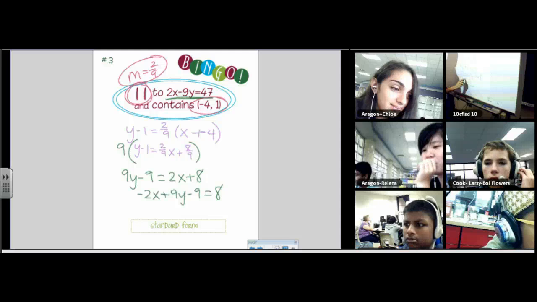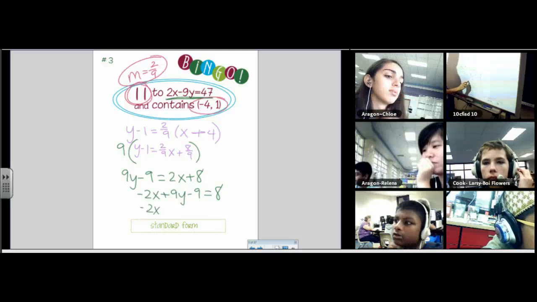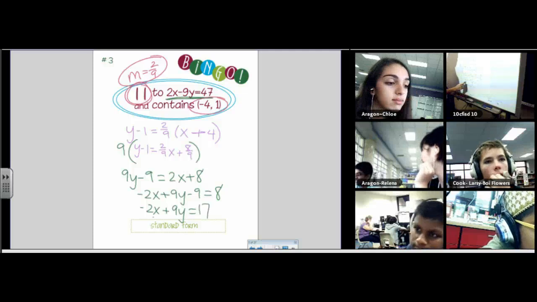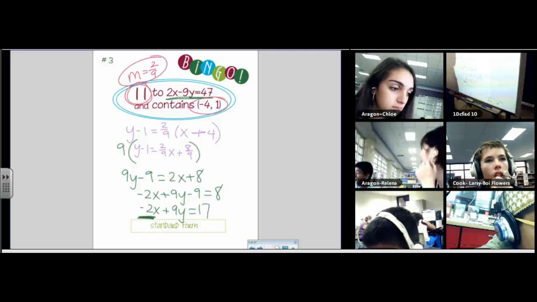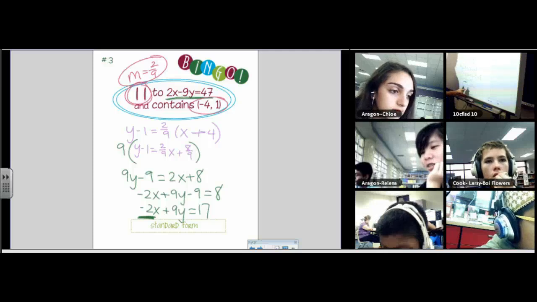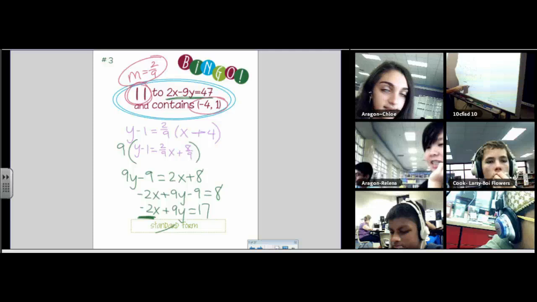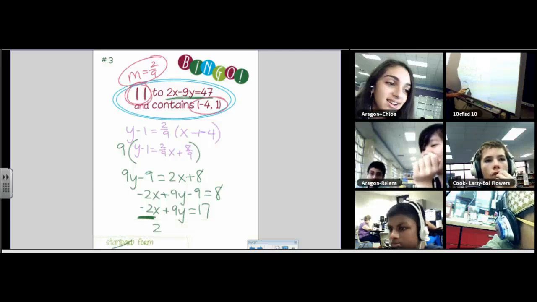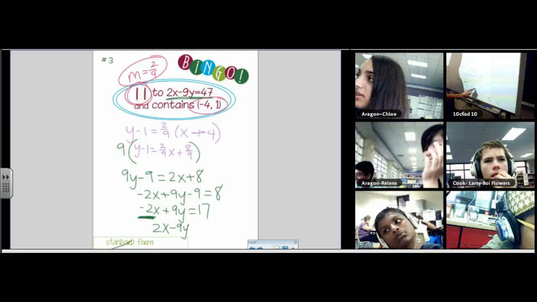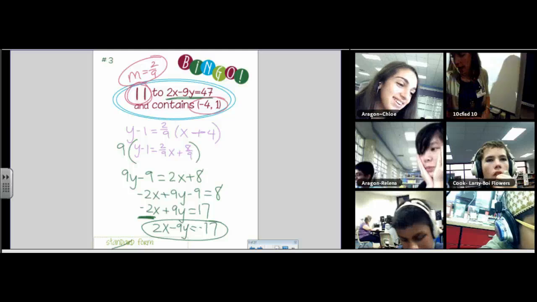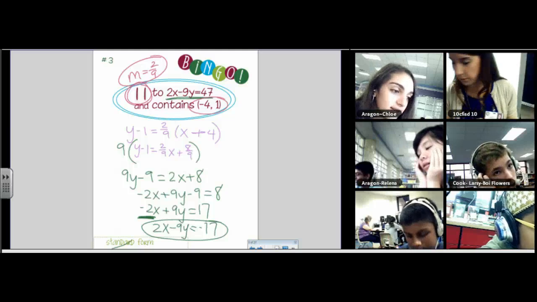And add 9 to both sides. Negative 2x plus 9y equals 17. And finally, the leading coefficient is not allowed to be negative. So I'm actually going to change the sign of every term. So it's going to be 2x minus 9y equals negative 17. And so that's how you do that one.